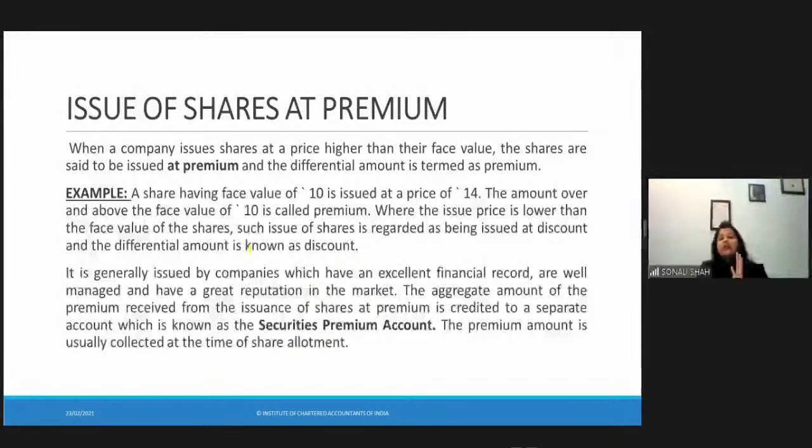So here we are going to talk about such shares which are offered at a premium price. If a share has a face value of ₹10, but it is issued at a price of ₹14, ₹4 is the premium. This premium that is received by the company has to be deposited in a specific account, which is known as the Securities Premium Account, right? It is mandatory that we have a dedicated account for the premium received on the shares, right?